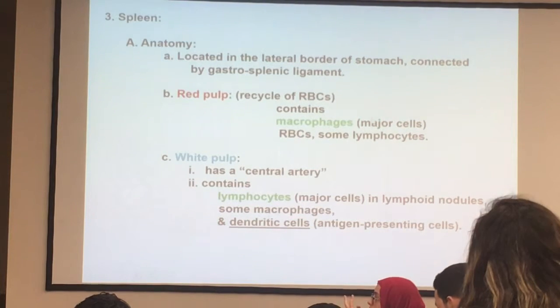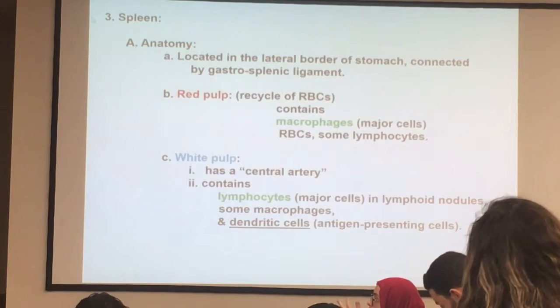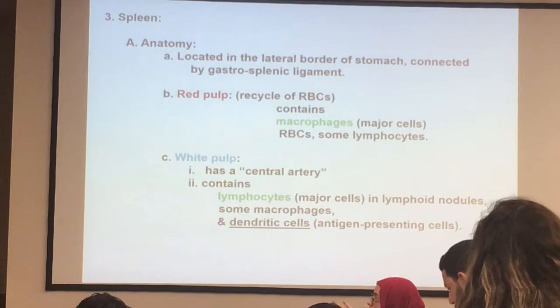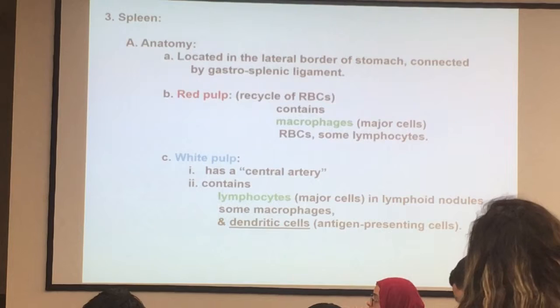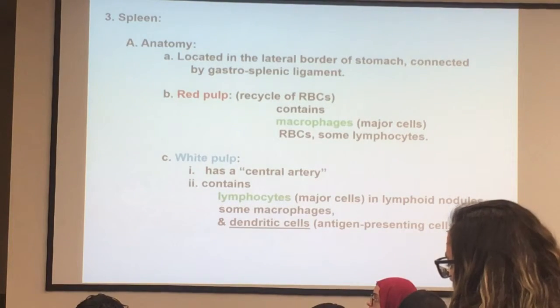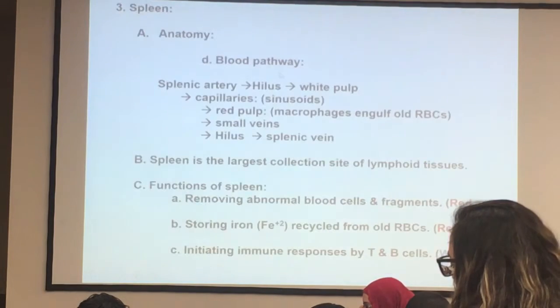And so it is majorly recycling all red blood cells. Okay, the function. And so the spleen has two functions: the immune system for blood circulation against any pathogen, and also recycling, like a manufacturing company, for all the old red blood cells.